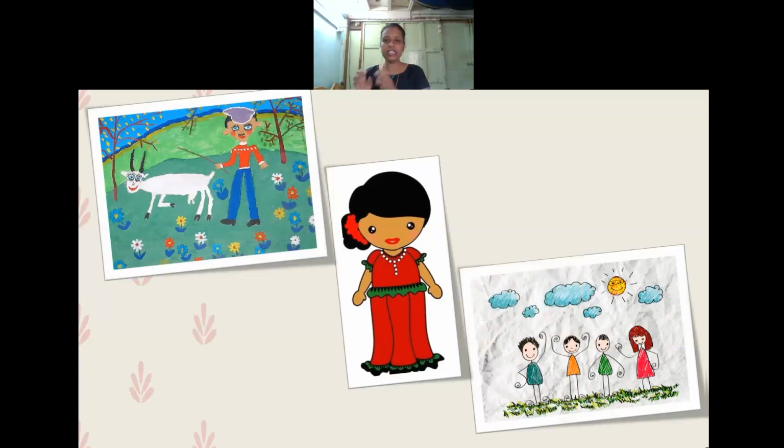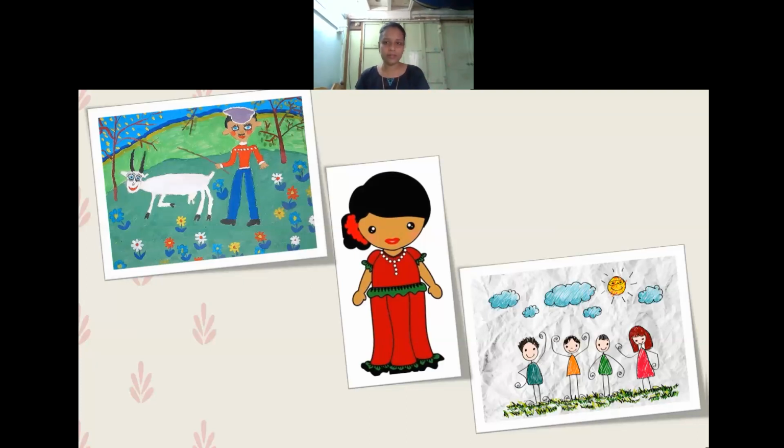I have shown three different pictures for you, three different drawings. Are they the same? No. Each and every drawing has its own skill, and they have their own different perspective.